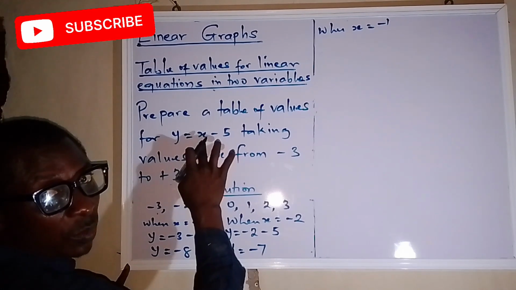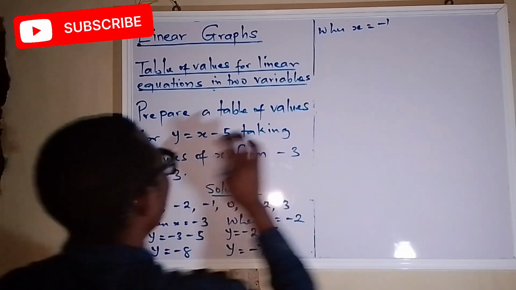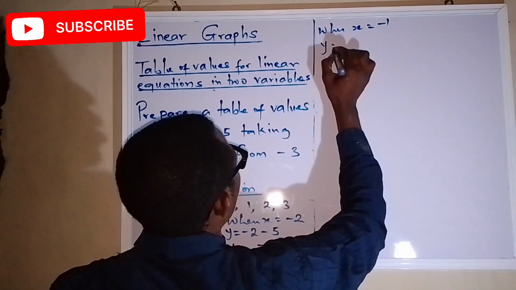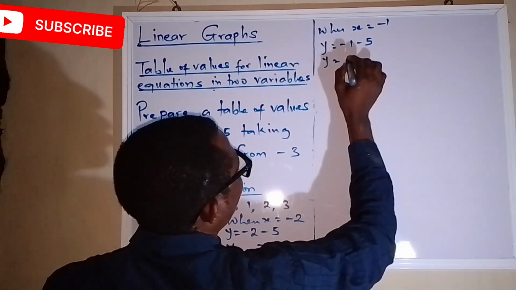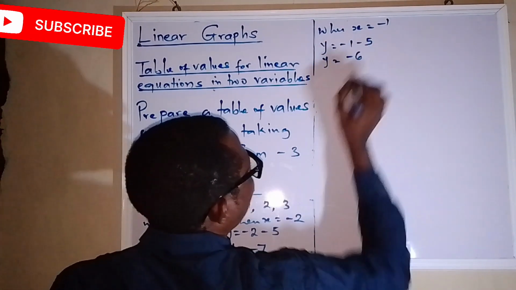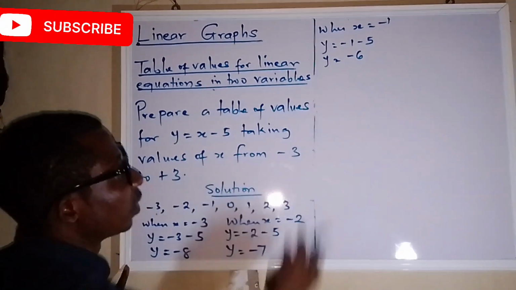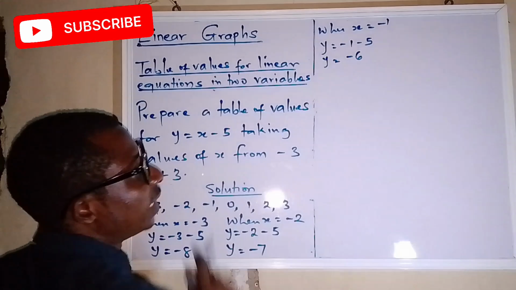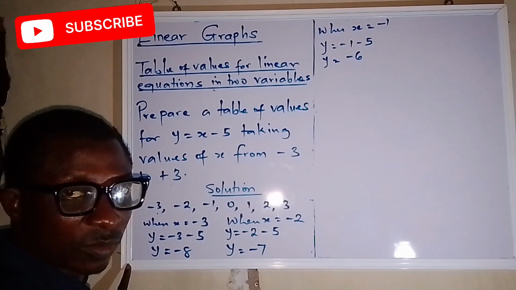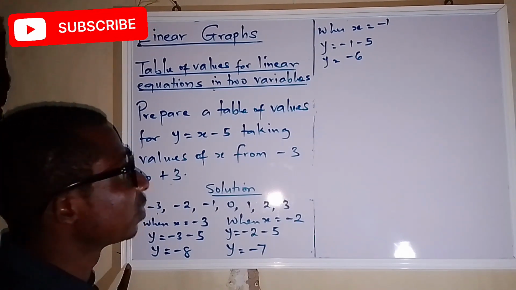X is changing to minus 1. So you write y equals minus 1 minus 5. So y equals minus 6. You have a debt of 1 and another debt of 5. That gives you a debt of 6. A debt of 6 means minus 6.